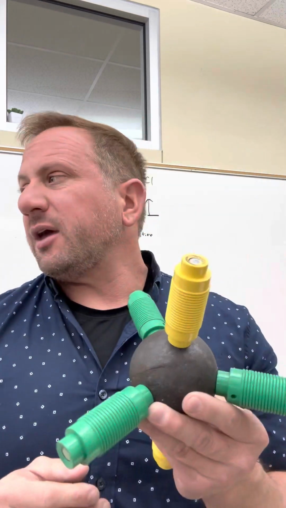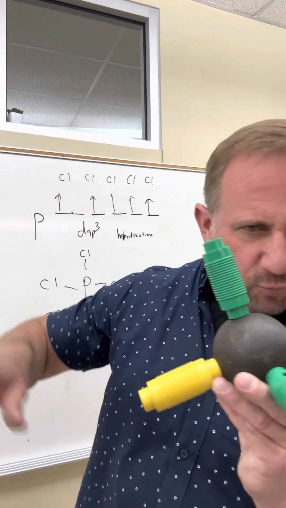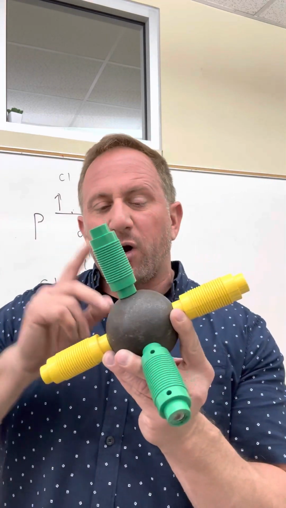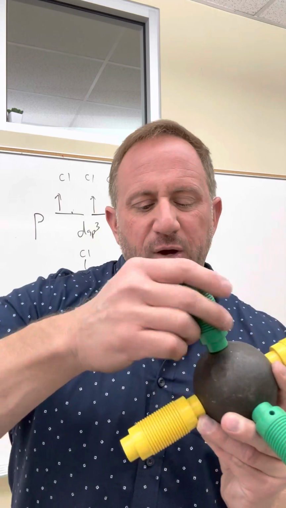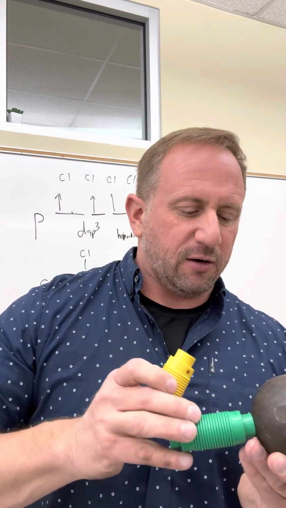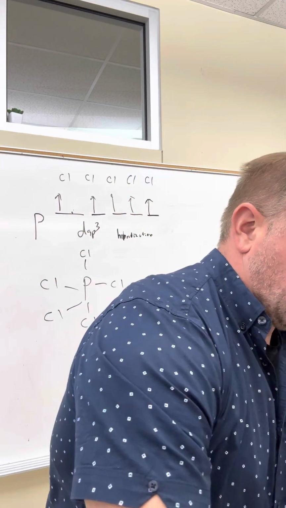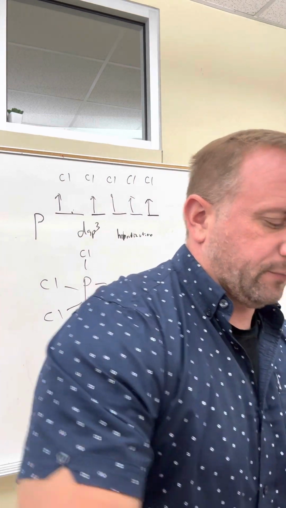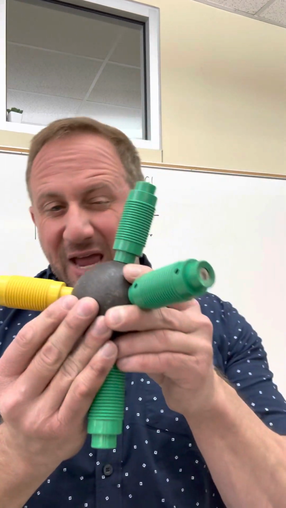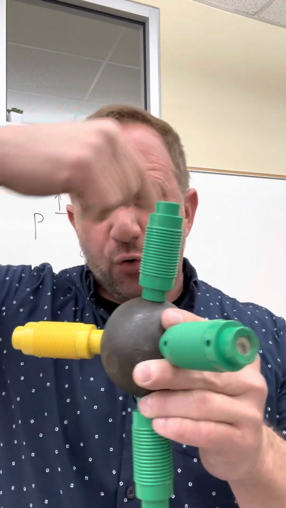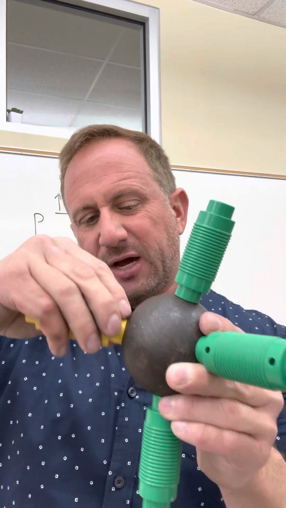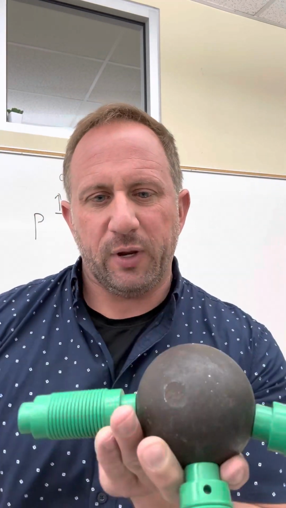What happens if we replace one of them with a lone pair? So we'll make shapes, done this a lot, and one of them's gonna be a lone pair. I'm gonna take out one of my equatorial lines. So take out this guy right here, and what do we have?